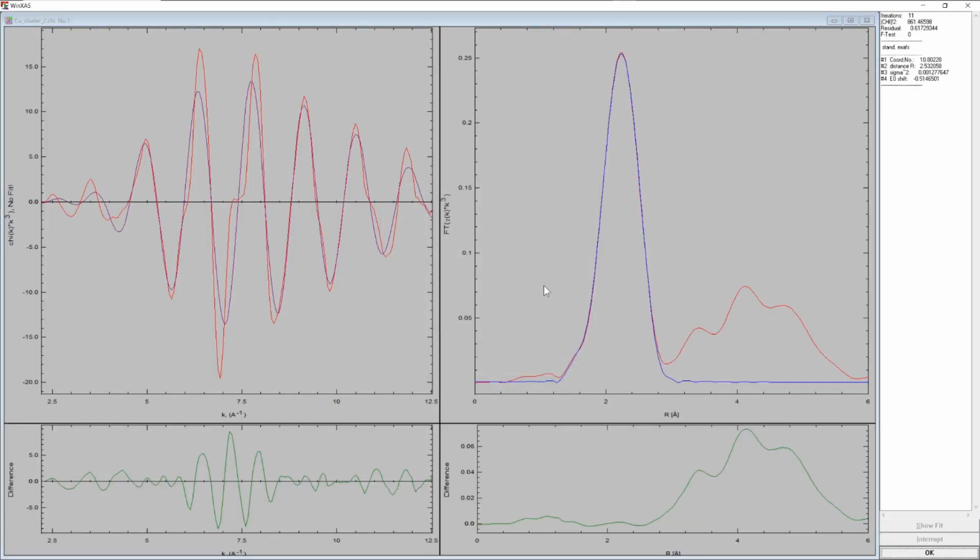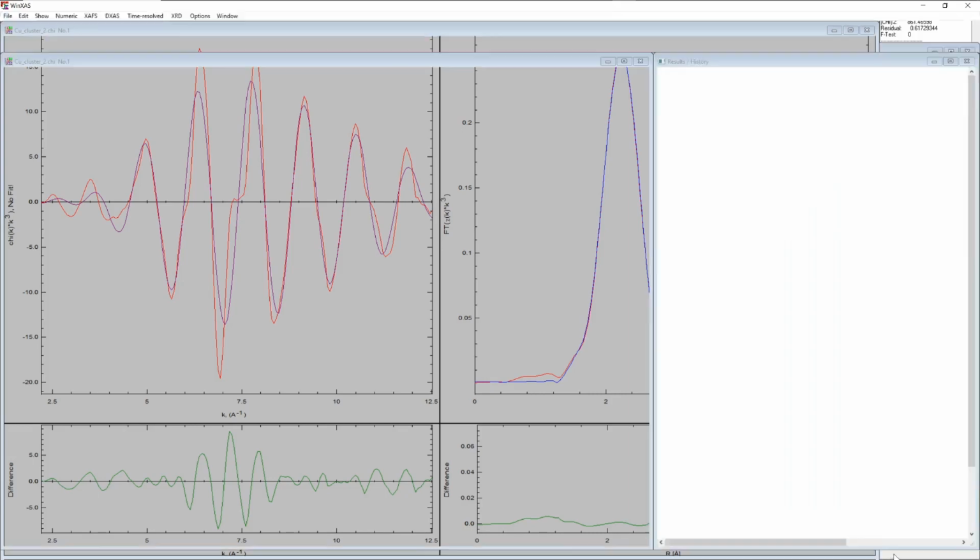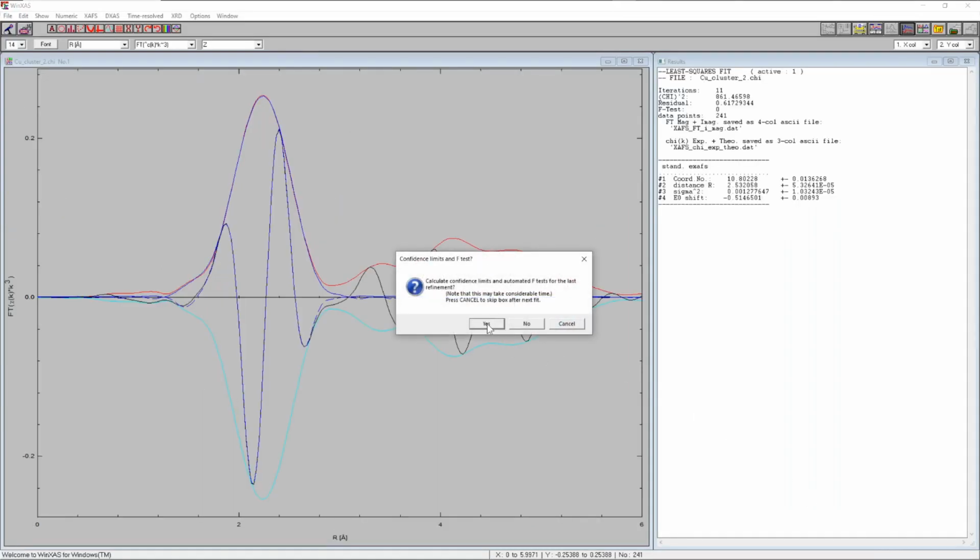Okay, and we get again a good agreement here between experiment and theory. Again, this is the red trace as the experimental radial distribution function of the copper clusters. The blue is the refined theoretical EXAFS function in the R space and here in the K space. So, okay, and yes, again, we want to calculate confidence limits.